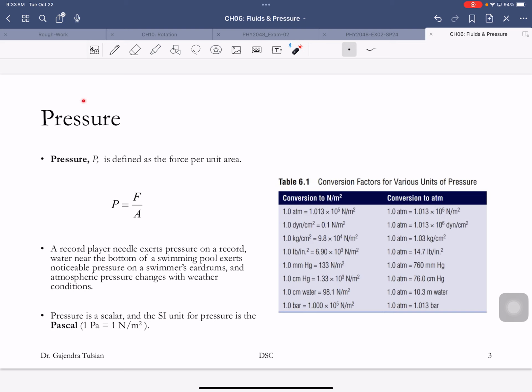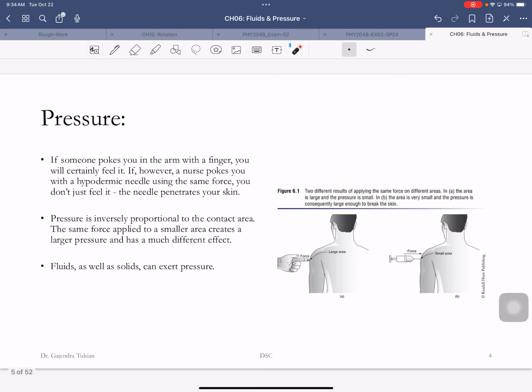So let's define pressure. Pressure, denoted by P, is force per unit area. This diagram illustrates it. Let's say you push on this arm with a force of 10 pounds, and you push the needle with a force of 10 pounds. The force is the same in both cases, but the result is different.